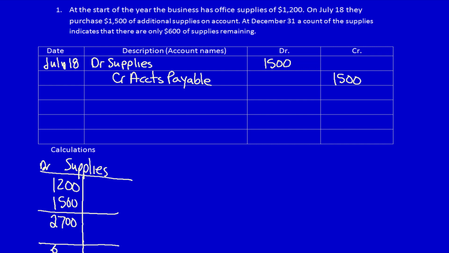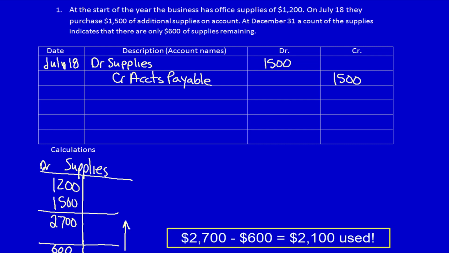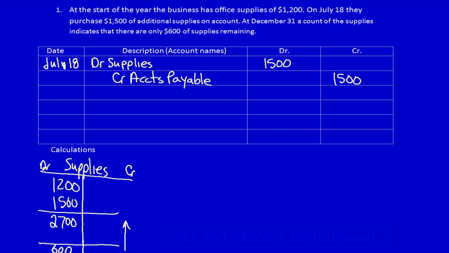Well, I want my T account to say $600. If I then work backwards, I can calculate how to move from $2,700 to $600. That's a debit balance that I want. I need to put a credit against it in order to reduce supplies by $2,100. That's what's being used or consumed to help generate revenue.